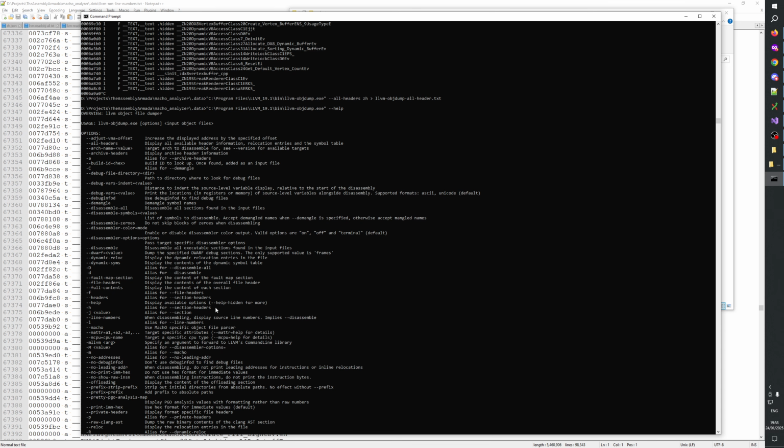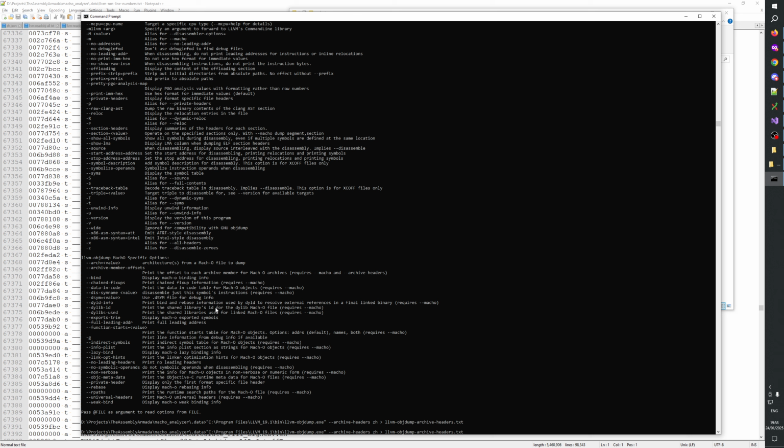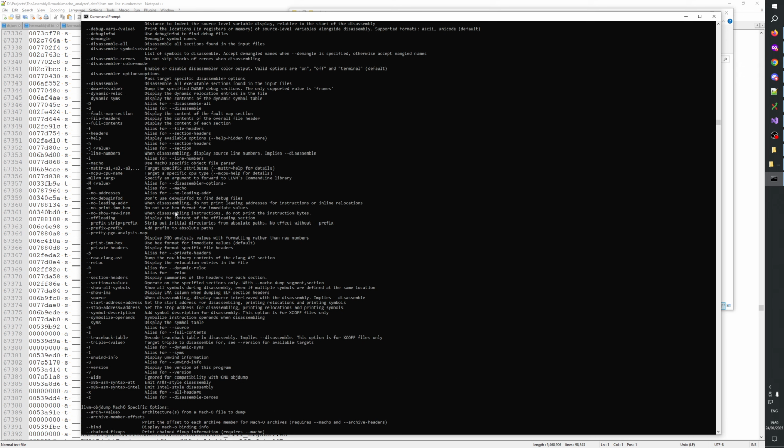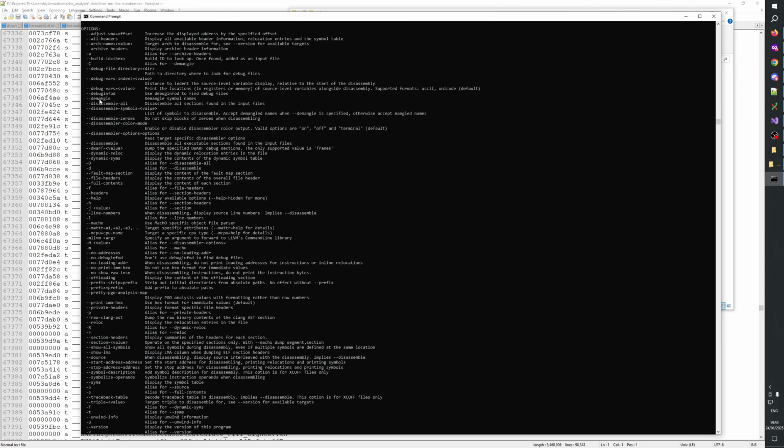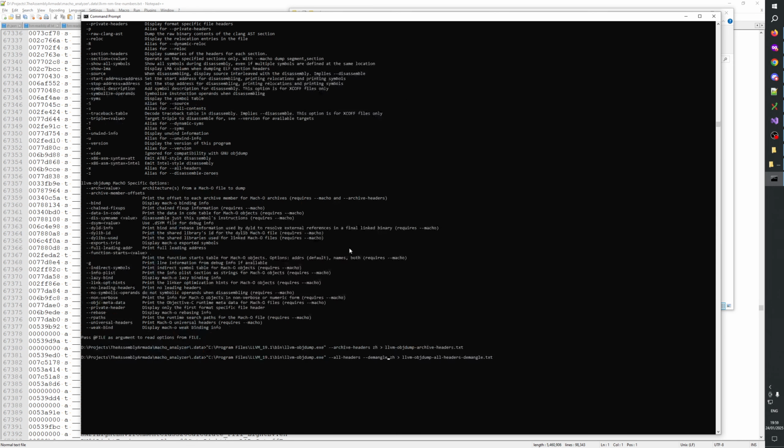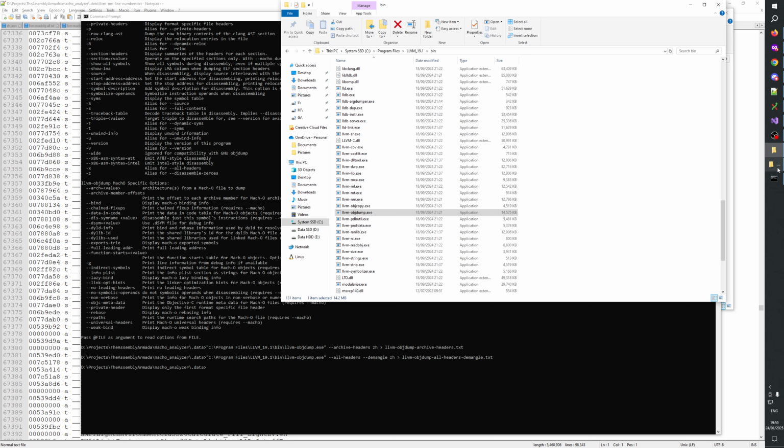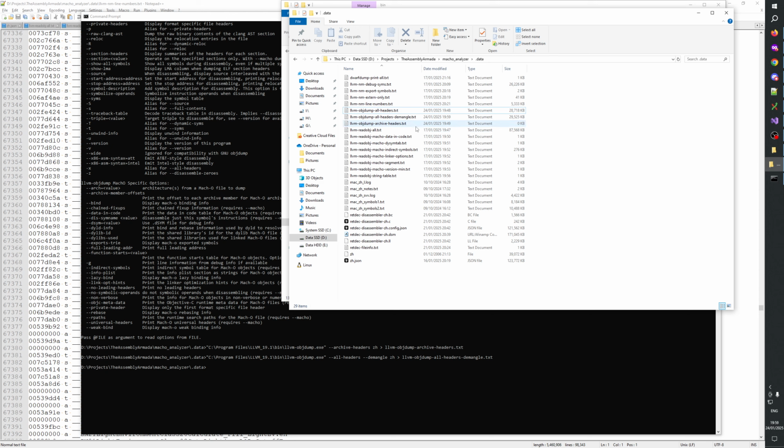So we try here all headers minus demangle. Let's see. And then we say minus minus demangle. Yeah. Let's see. Demangle. Okay. Let's see if that works. Yeah, it's a bit larger.